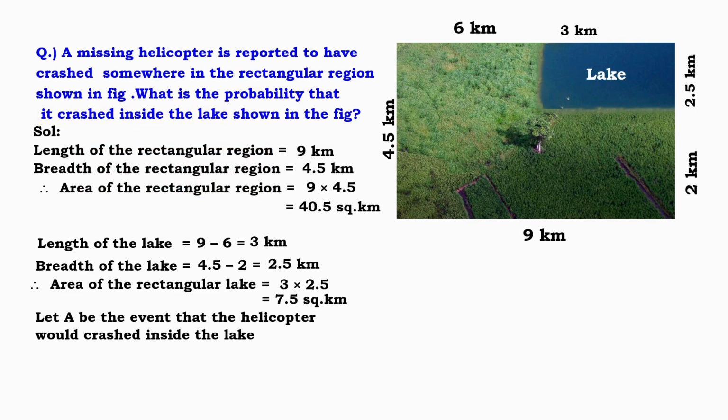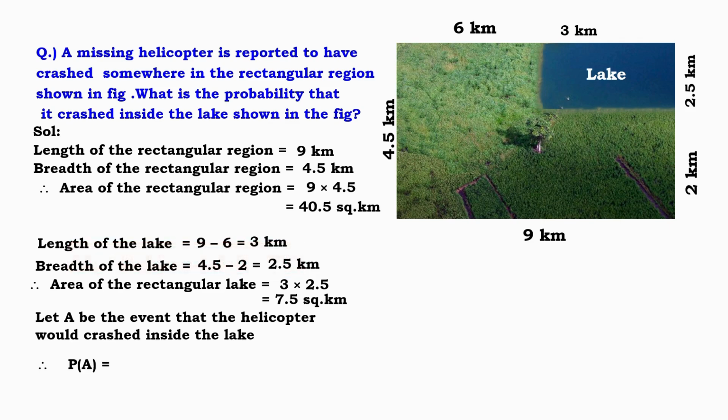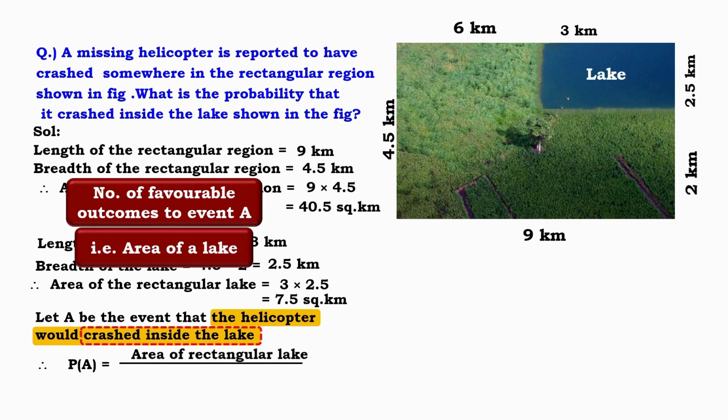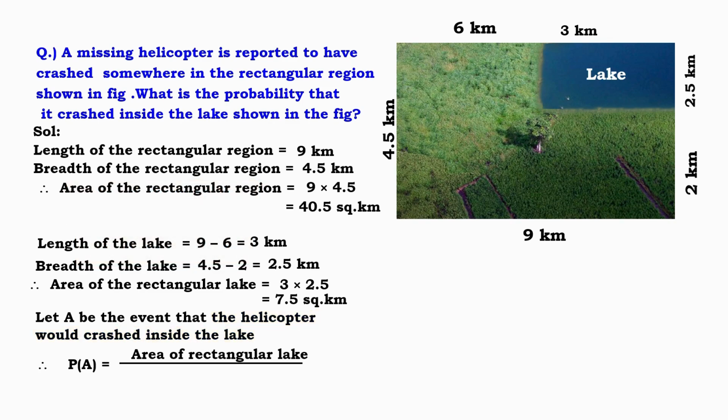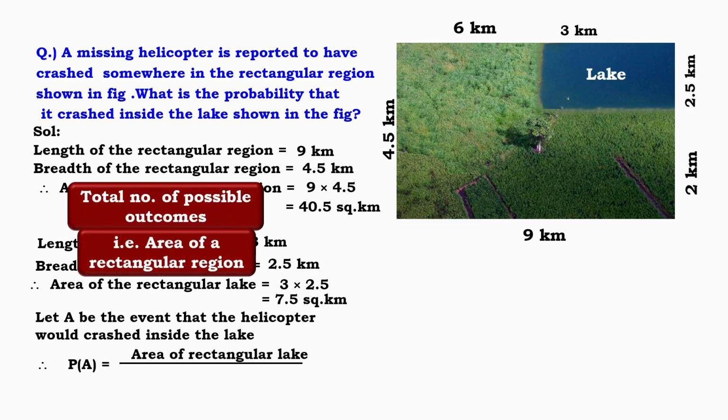Okay, so let A be the event that the helicopter would crash inside the lake. So the probability of event A is equal to number of favorable outcomes to event A. So that is the area of the lake where the helicopter will be crashed, divided by the total number of possible outcomes, that is here the area of the rectangular region.